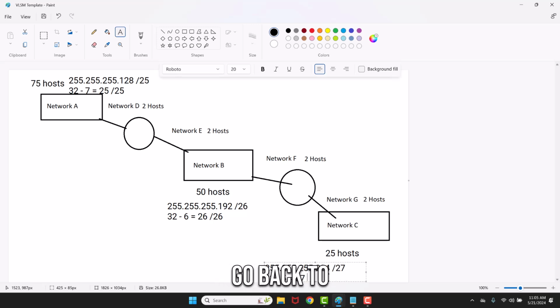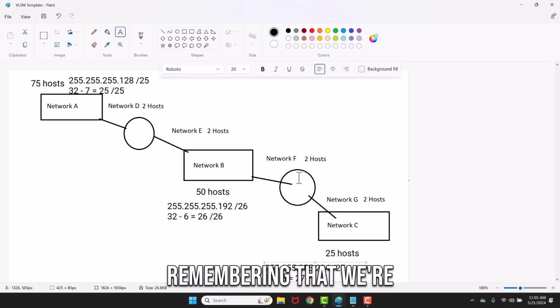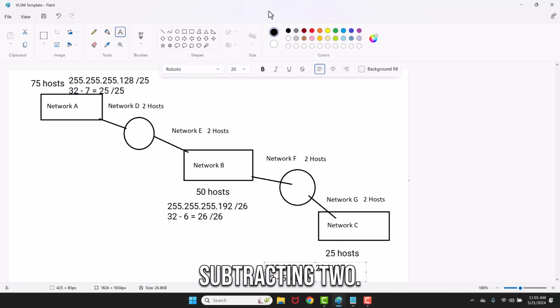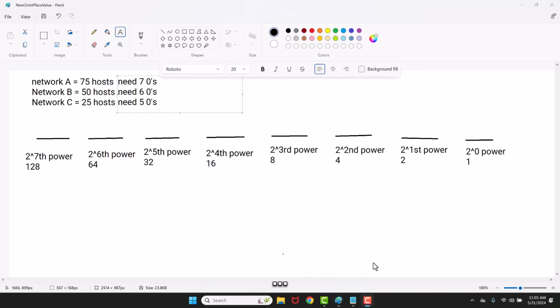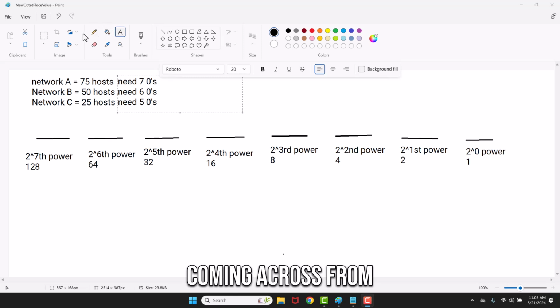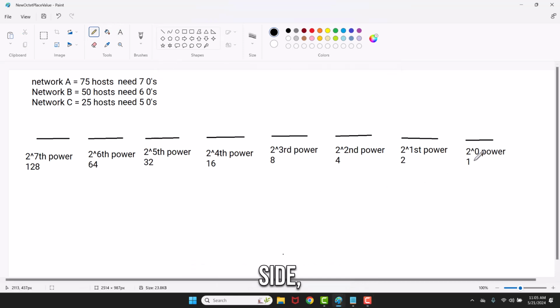hosts. So let's go back to that other chart for just a minute so I can show you how many I need if I need 2 hosts, remembering that we're subtracting 2. Coming across from the right-hand side, this isn't going to be enough. And remember, we have to subtract 2.